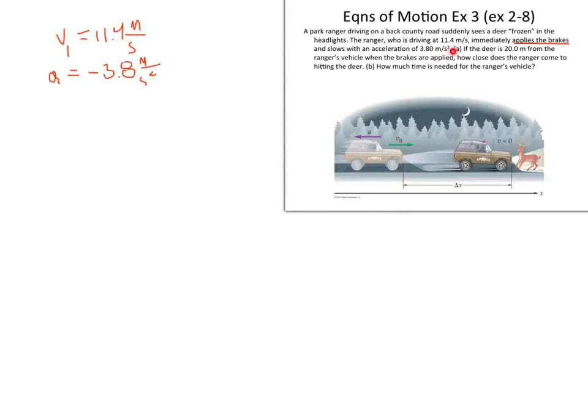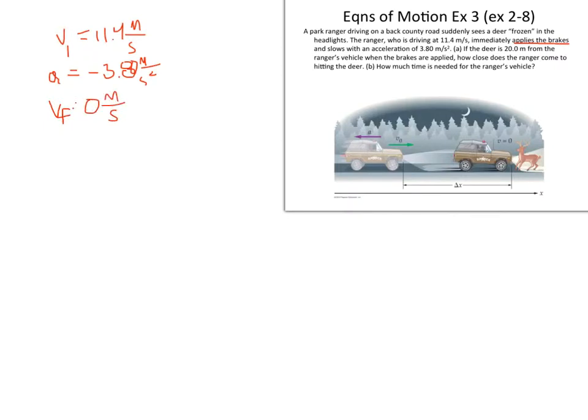I should have put in a 0 in 3.80 meters per second squared. Okay, and what's the final velocity of the Jeep? We're not really told that. Actually, we are told that right here, but we should be able to figure it out. Hopefully you bring your Jeep to a rest, so the final velocity equals 0 meters per second.